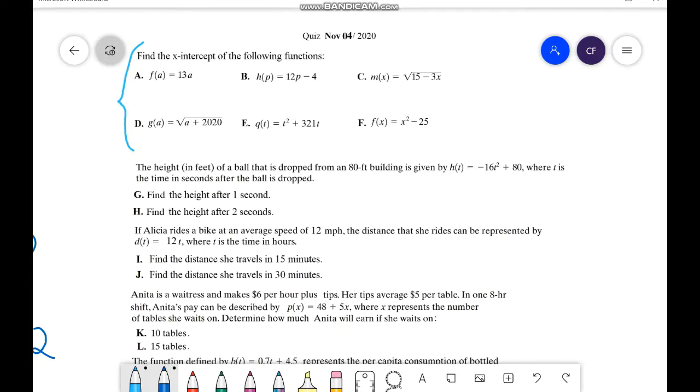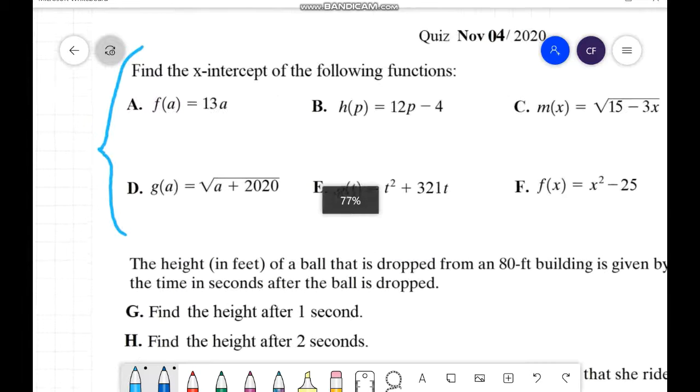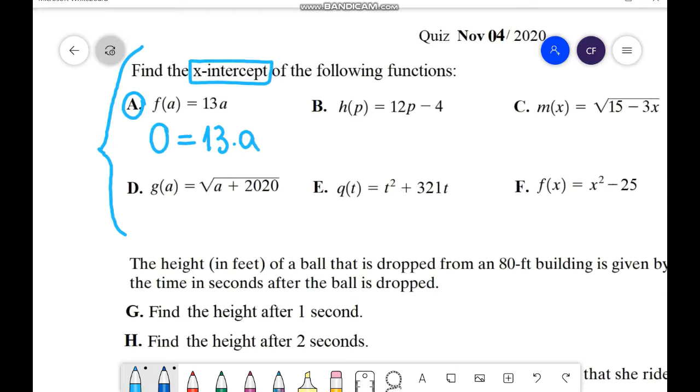From yesterday. So find the x-intercept of the following functions. Let me check the first example here. Letter A, f of a equals 13 times a. To find the x-intercept, we need to make the function equal to 0, right? So 0 equals 13 times a. And to make 13 times a equal to 0, we need to have a equals 0.